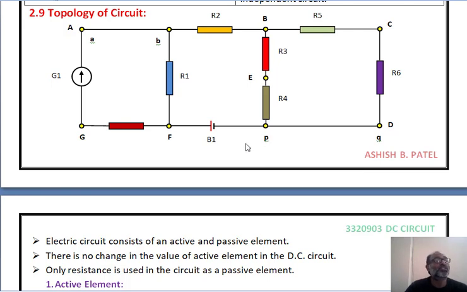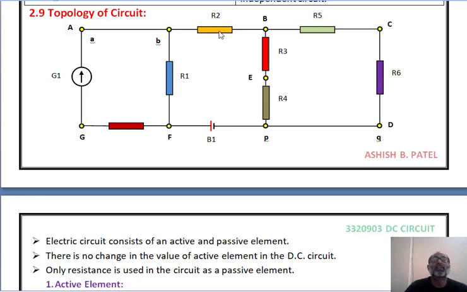Now next, what is a branch? One element or a combination of elements connected between two nodes is called a branch. Do you understand?